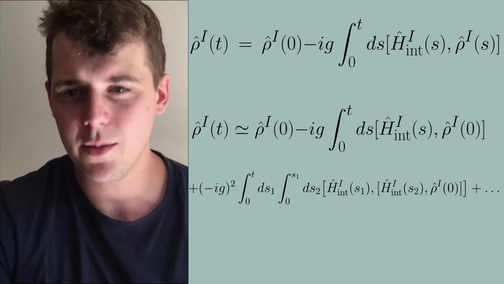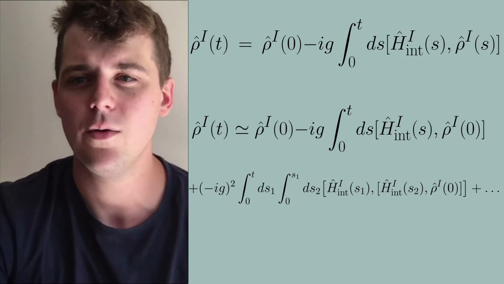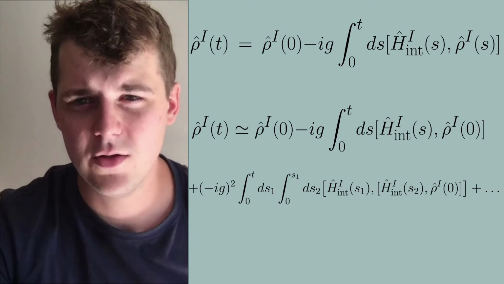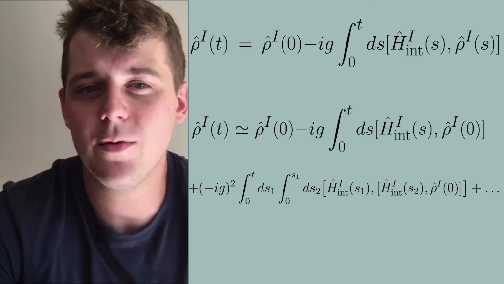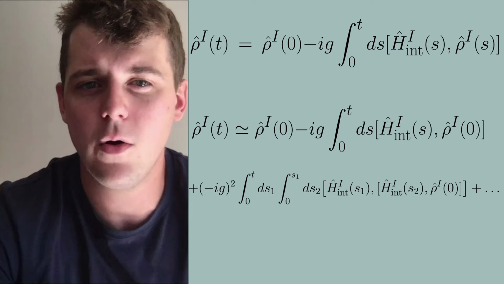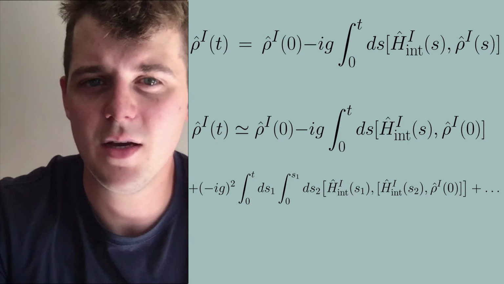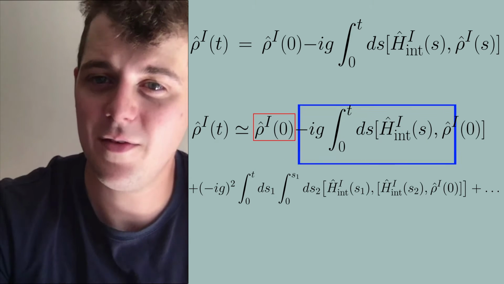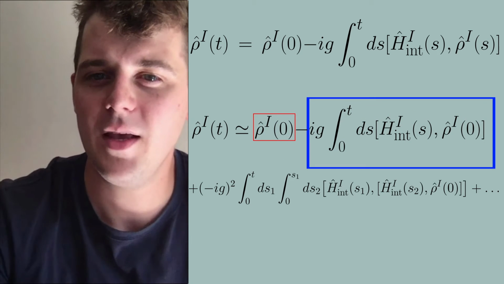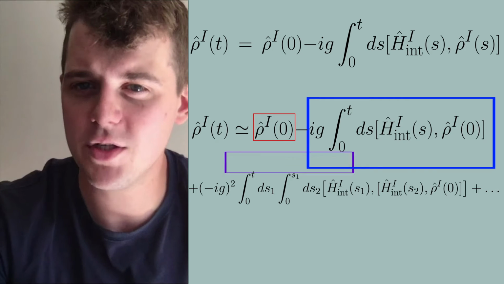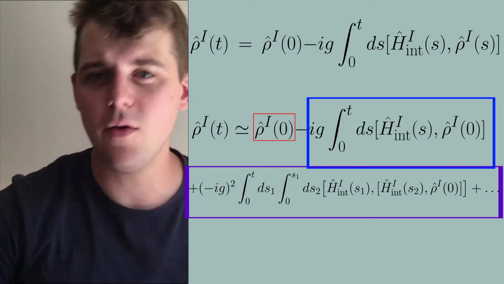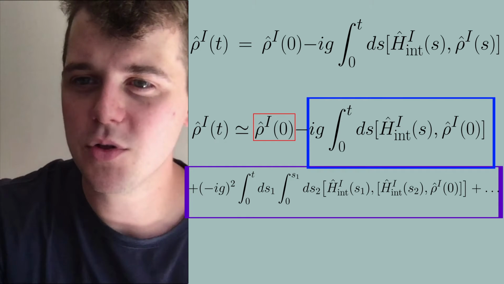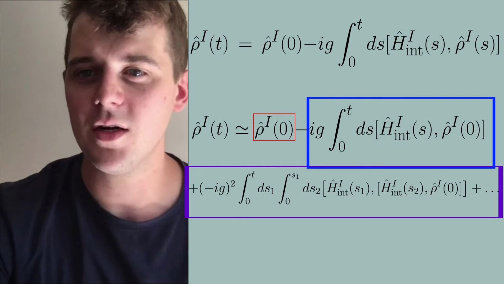This is how we're going to end up with a perturbation series, which is often called the Dyson series in this context. So basically what we find when we do this is that rho I of t is the initial state plus something that goes like g, evaluated at the initial state. And then we've got higher order terms that go like g squared. With every order of g that we add, we have to add one more integral, multiplying the initial state that we started out with.